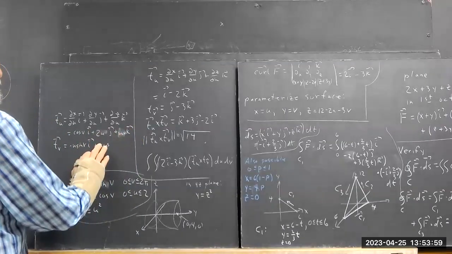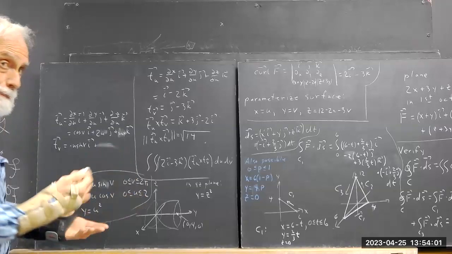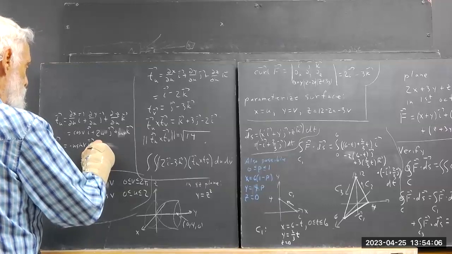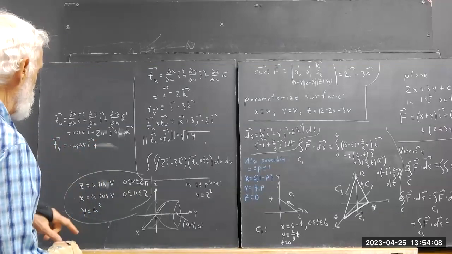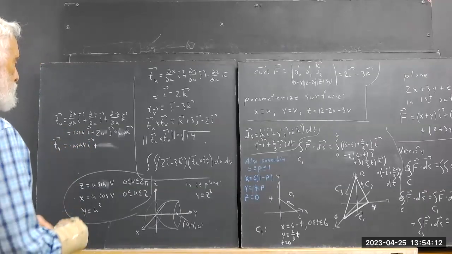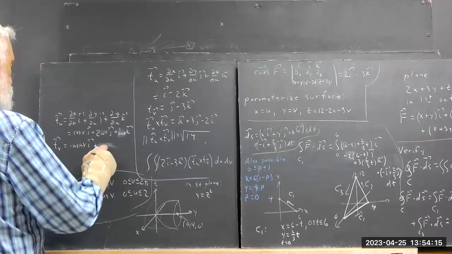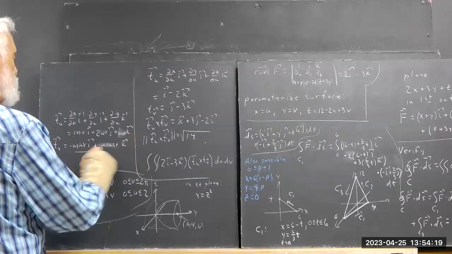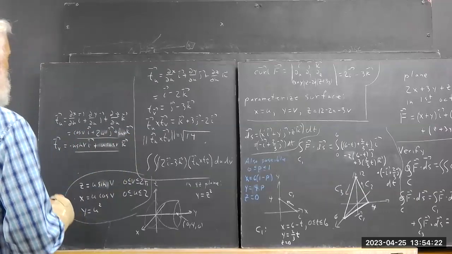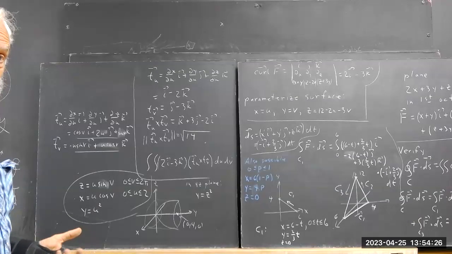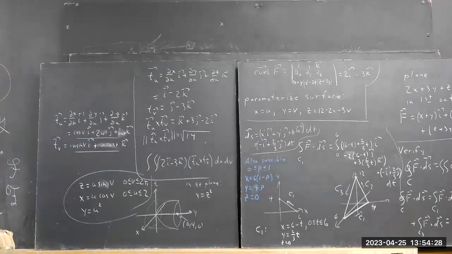The partial of y with respect to v is going to be 0. And then we're just going to have u cosine v. And then T_u cross T_v, here's what it is. And then we're ready to set up the integral.